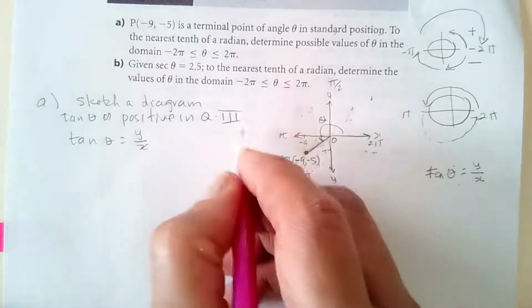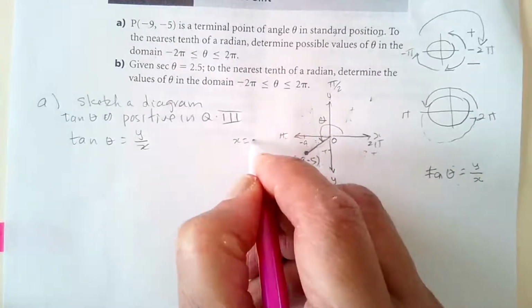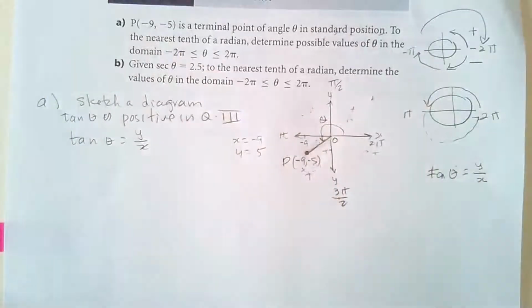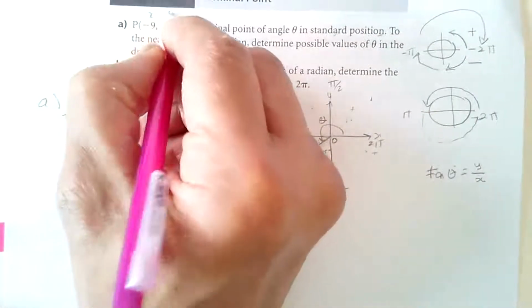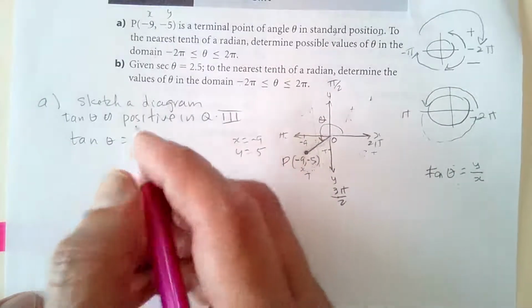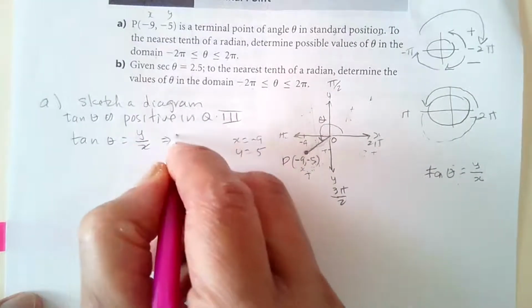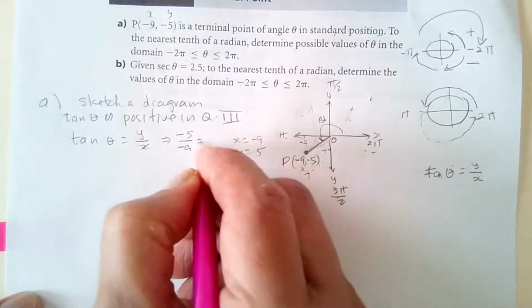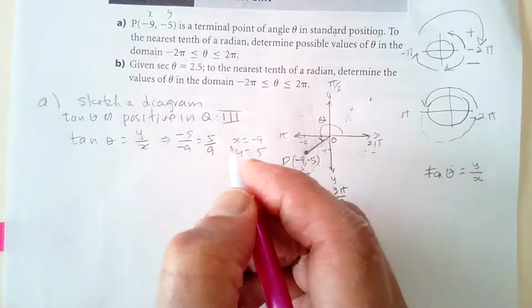We know x is equal to -9, y is equal to -5. That's given to us here. So tan theta is -5 over -9, which is equal to 5 over 9.